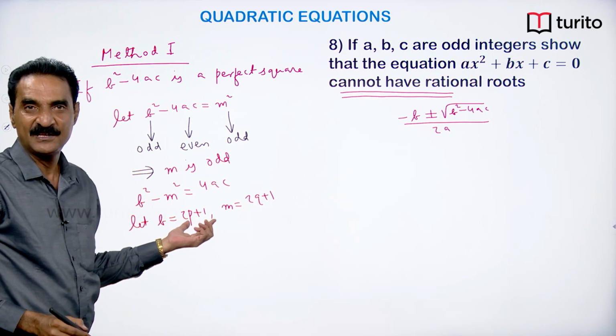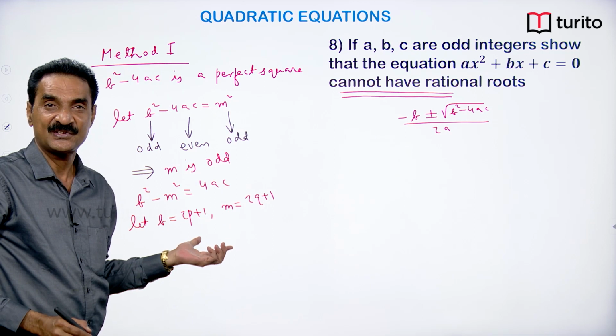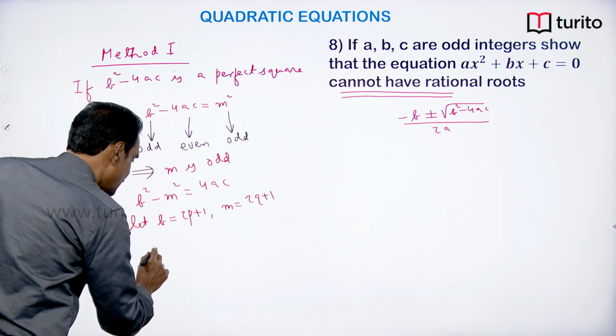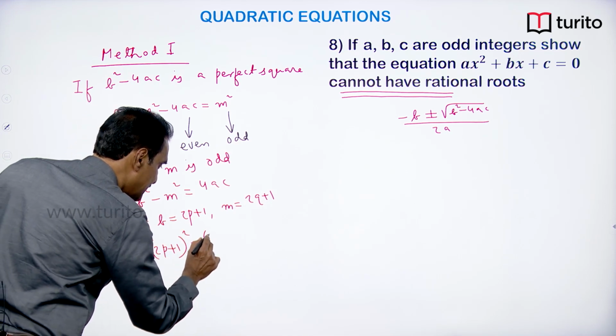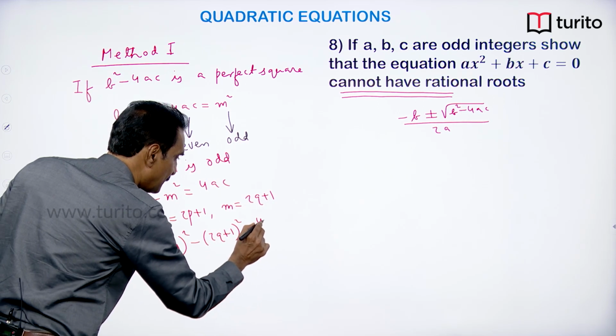Any odd number must be in this form. What are p and q? Integers. Now, b square minus m square means (2p plus 1) whole square minus (2q plus 1) whole square is equal to 4ac.